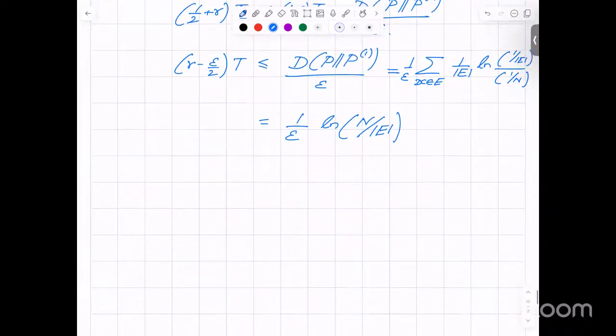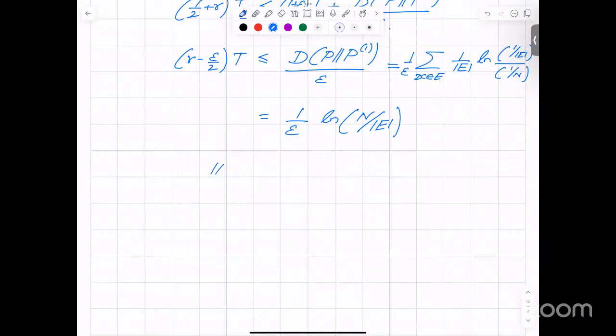Move things around, what do you get? Size of E over N is less than or equal to... Let's see. Let's set gamma to be equal to epsilon, rather epsilon to be equal to gamma.